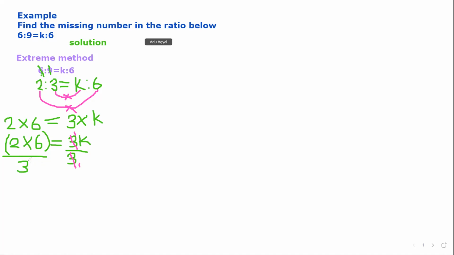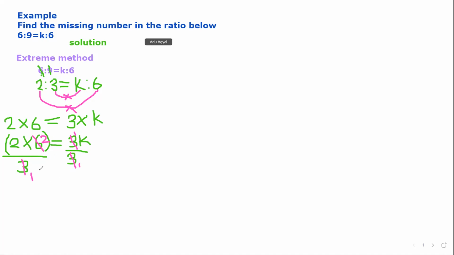Now, when we come to the other side, because of the multiplication between the 2 and 6, we can use the 3 here to cancel any one of the numbers here, but the 3 can only cancel the 6. So 3 goes here 1 and 3 cancels 6, 2. Good.